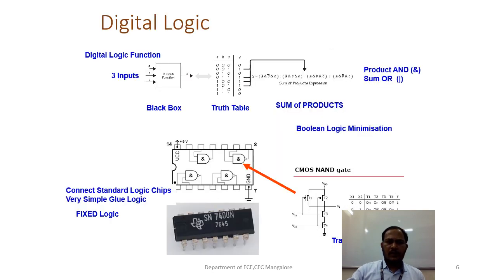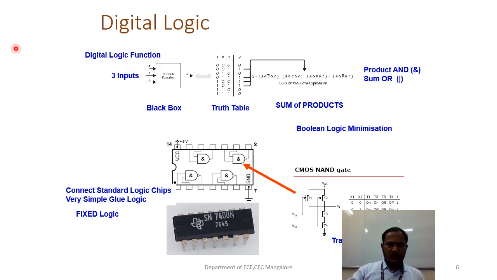Now we'll discuss digital logic design, and how we can design a digital system using an integrated circuit. Here you can see a 3-bit input ABC and Y as the output.